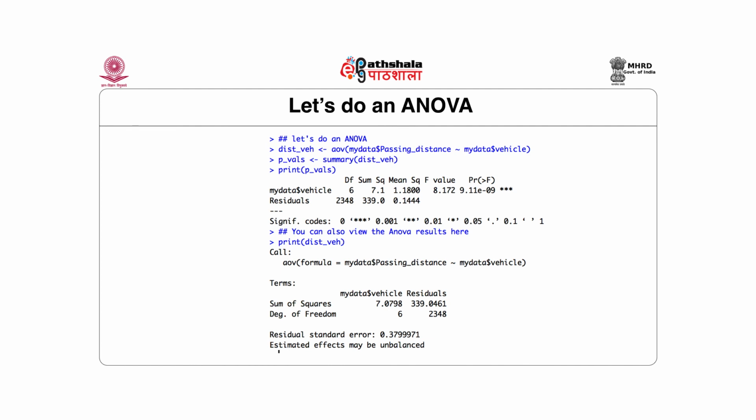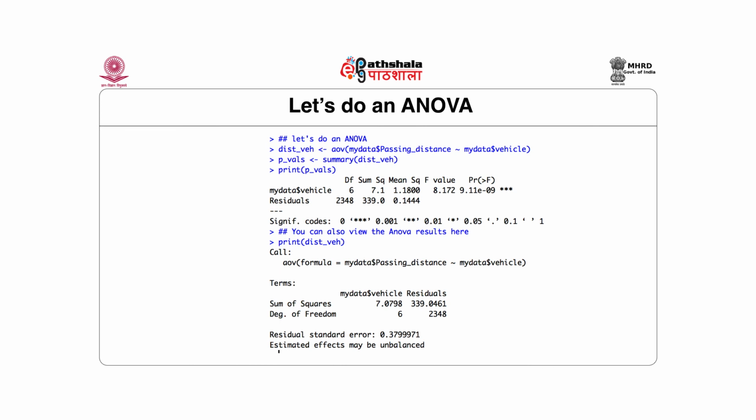And you can see once more, the test to do is ANOVA, and it's a very, very simple syntax. In R, we just use only one function called aov. Then we give the passing distance, which is the outcome variable, use a tilde mark, we give the explanatory variable or the exposure variable, as the case may be, and then we put out the summary of this.